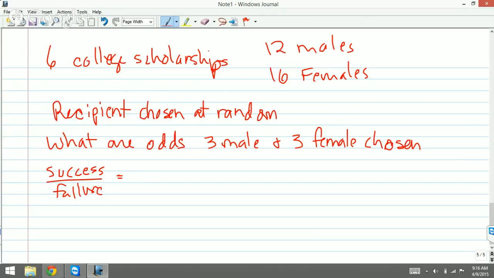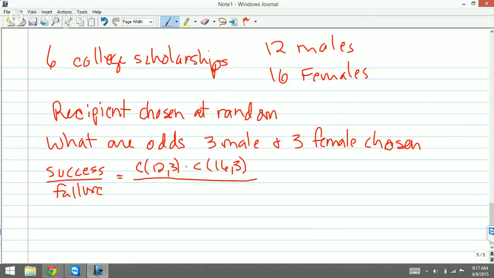Yeah, so we have a combination of 12 people chosen 3 at a time with 16 chosen 3 at a time. Okay, that's our success. It's not just 3 out of 12. It's a little bit more complicated than that.